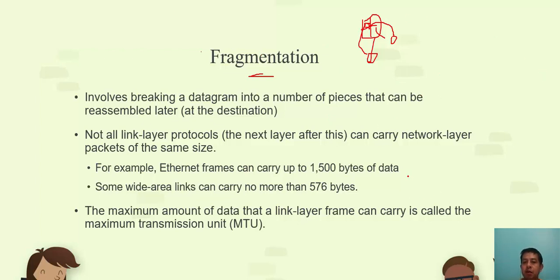This fragmentation is an occurrence in IPv4 because of the existence of MTU, or maximum transmission unit. Now remember, the next layer is the data link layer, and there exist different data link layer protocols. Each of these protocols can handle frames of different sizes.